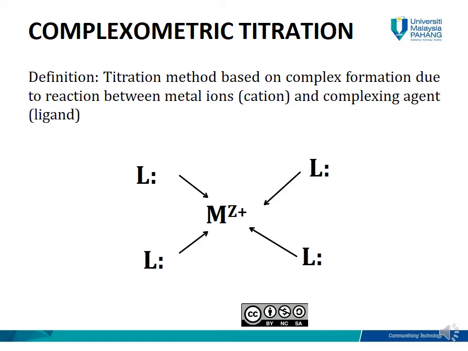So you can see the metal will be at the center, and the ligand, in this example, consists of four functional sites. Okay, so when this reaction happens, it will form a new complex product.